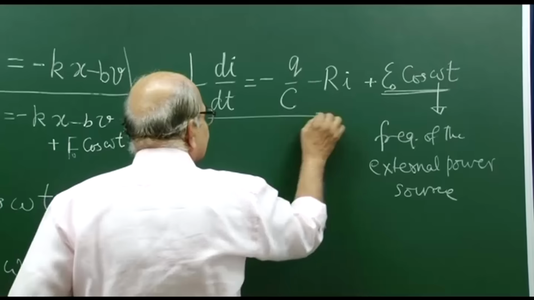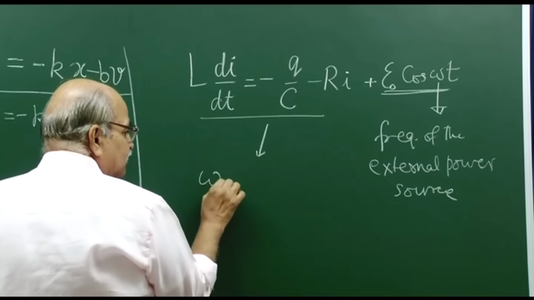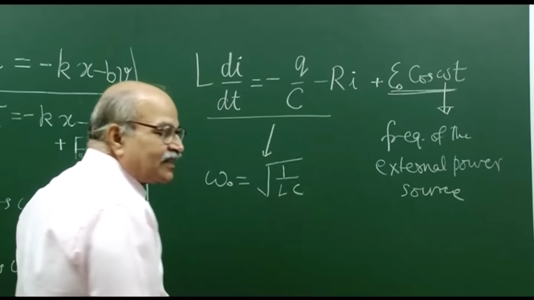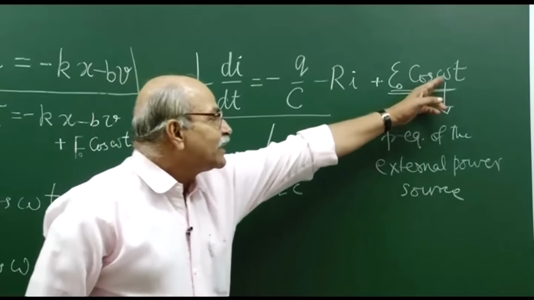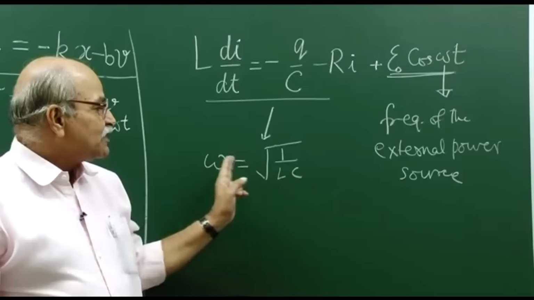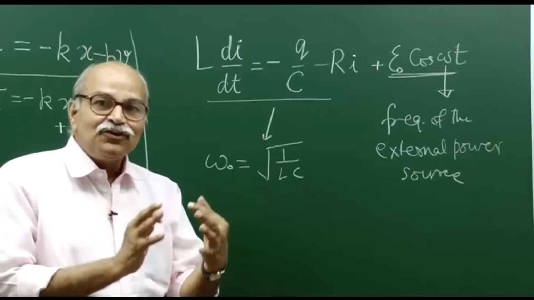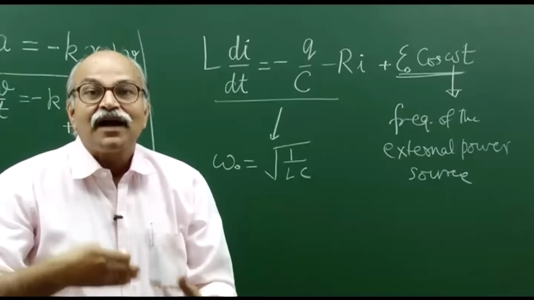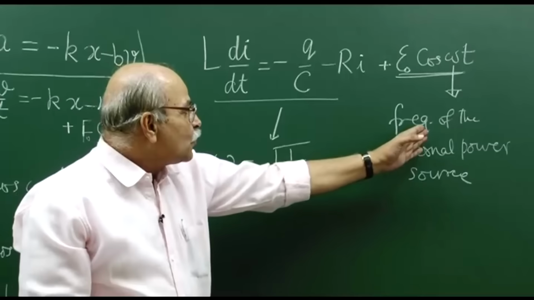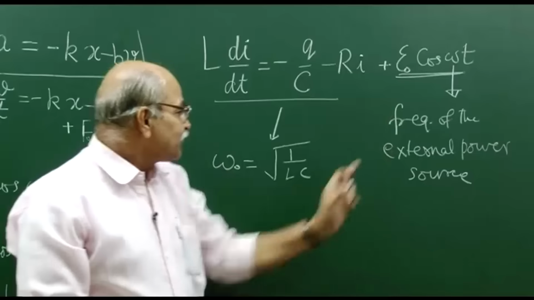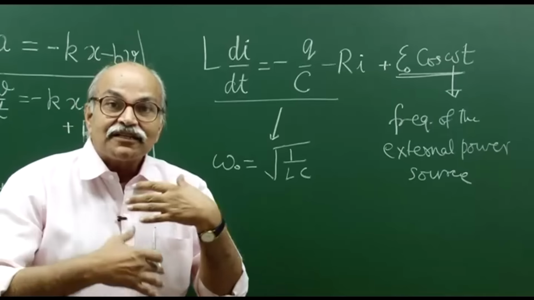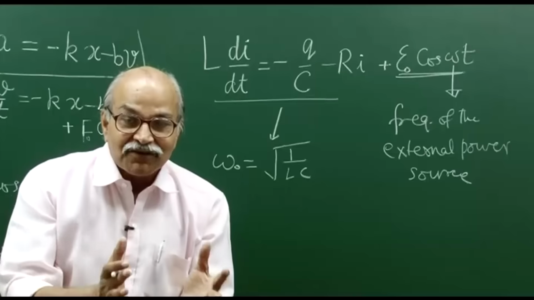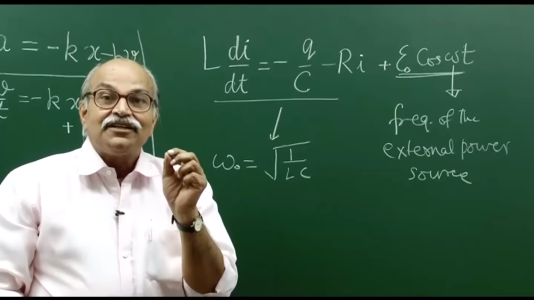And from this system you have a natural frequency omega naught, which is square root of 1 by LC. And if this frequency omega and this natural frequency omega naught are close to each other, then the current in this circuit will be high. And if they are quite different from each other, then the amplitude of that oscillating current will be very, very low.